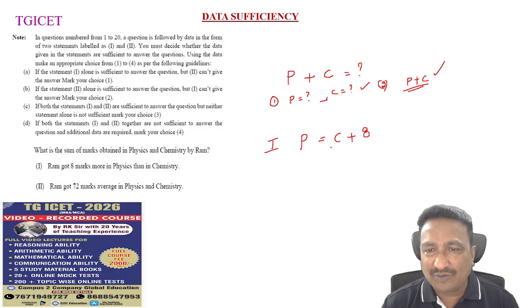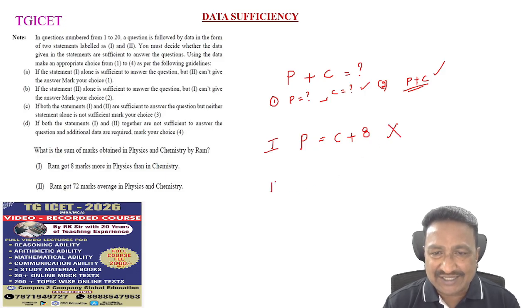So according to the first statement, this is the relation: the number of marks in physics is equal to 8 marks more than the number of marks in chemistry. But according to this statement, we cannot find how many marks in physics and how many marks in chemistry. So that's why the first statement is not sufficient. So we cannot find the answer from the first statement, friends.